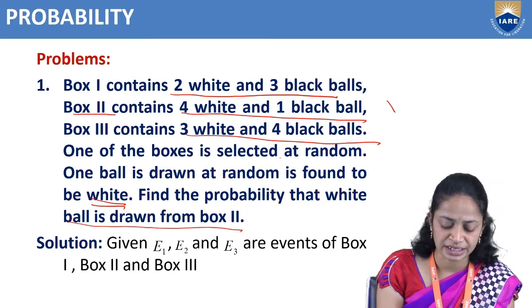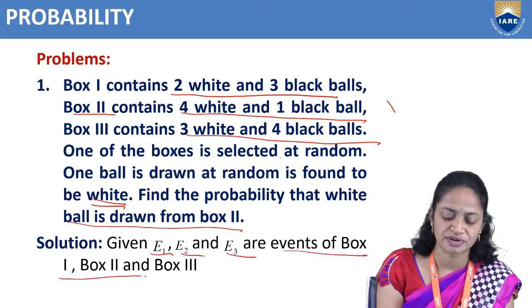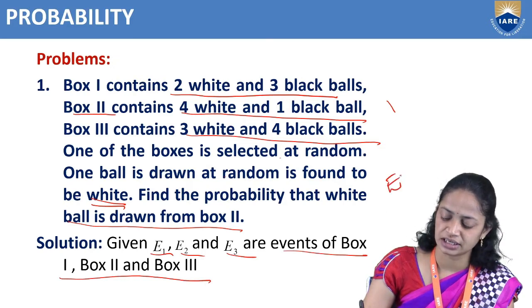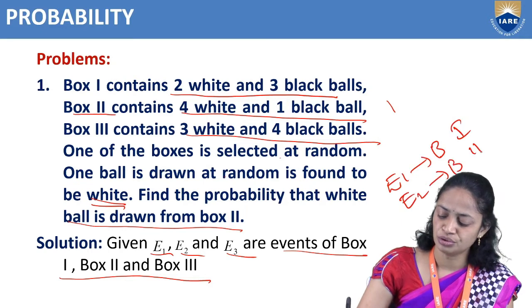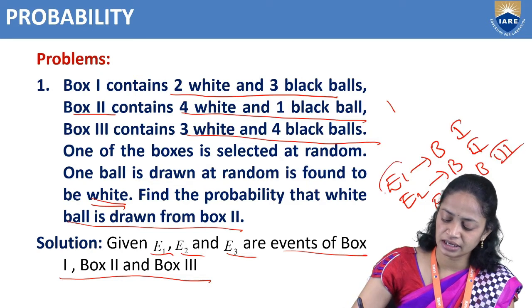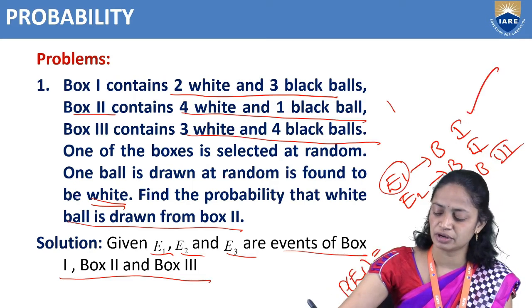Okay, so let us consider E1, E2, E3 are events of box 1, box 2, box 3. Here, the probability of E1: how many favorable outcomes are there?